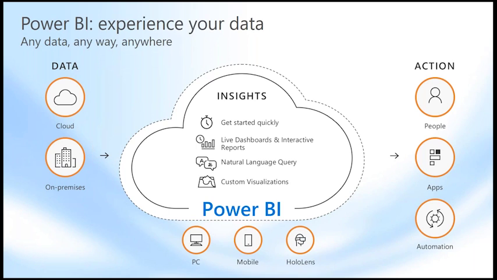This graphic summarizes that. Power BI in the middle, powerbi.com. The reports and dashboards are built using data that can come from cloud services, like online services such as salesforce.com, for example, or Dynamics Online, and it can also come from on-premises data sources like a SQL server on your own server, or Excel files or CSV files.